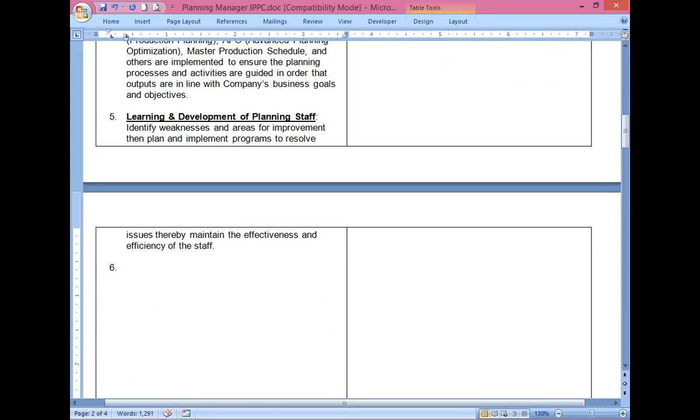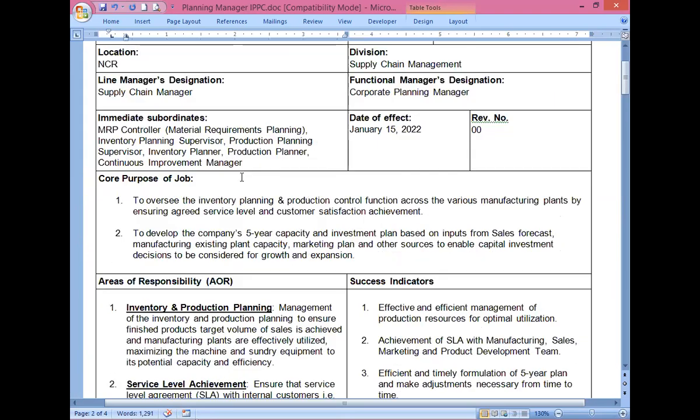If I can still do it. Do you have number 6? I don't know, because I mentioned here, where did I mention it? I mentioned here, yeah. Remember, I put continuous improvement manager.